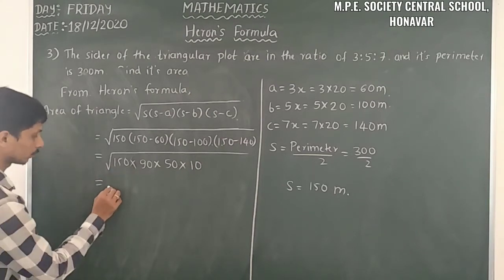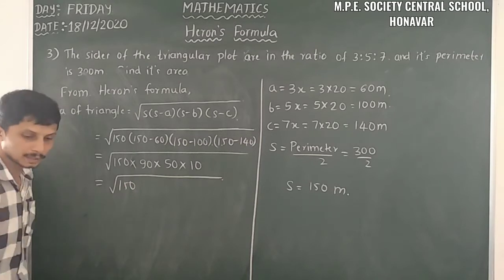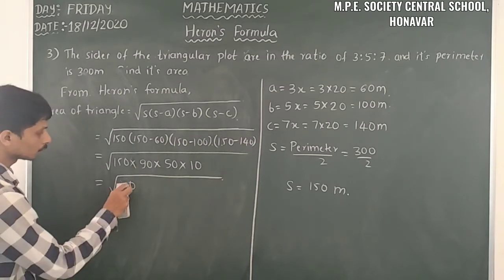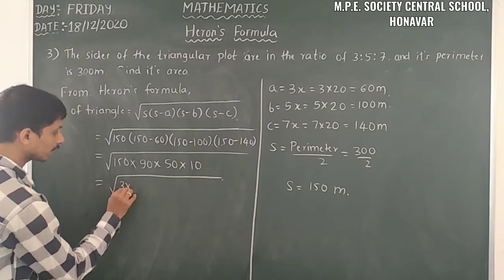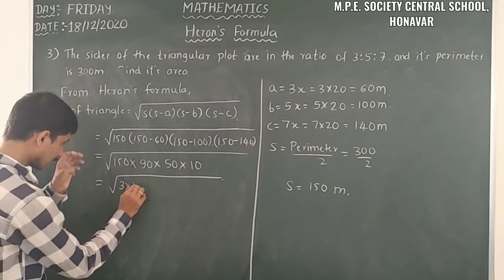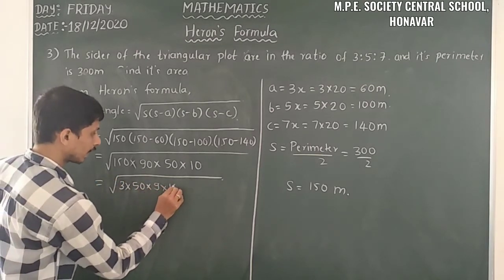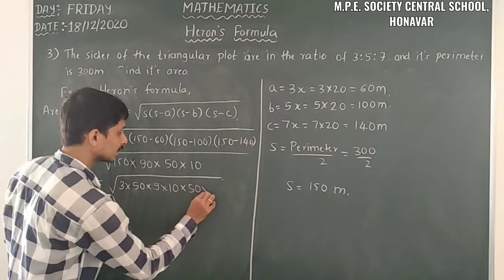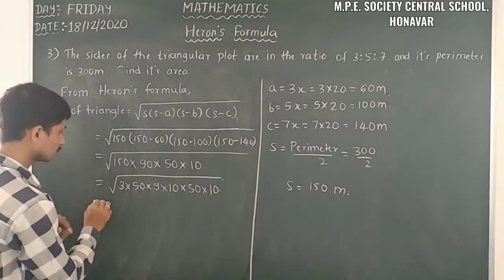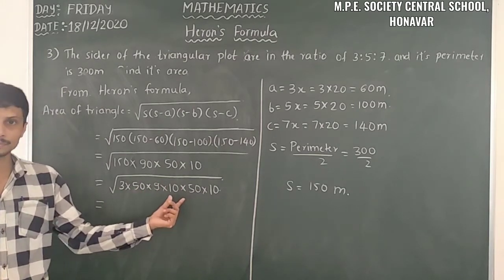Okay, so let us observe it. 150 can be written as 3 into 50, and 90 we can write as 9 into 10. Here 50 remains as it is, and 10 we have here. Just observe that 50 into 50 we have.